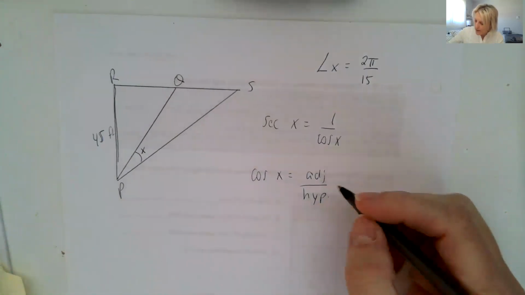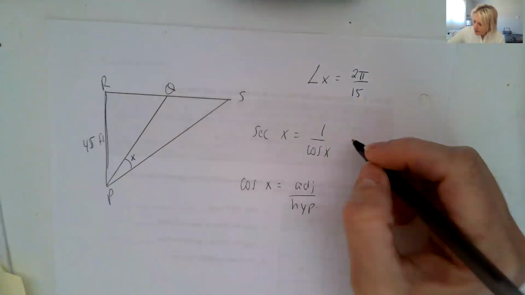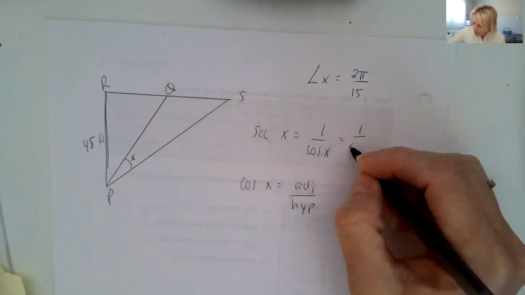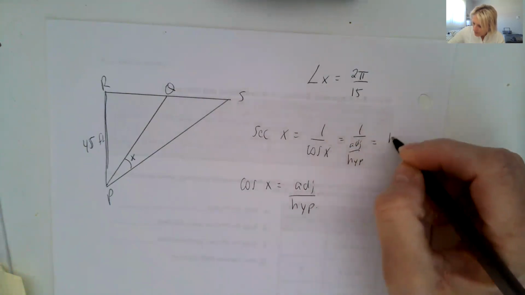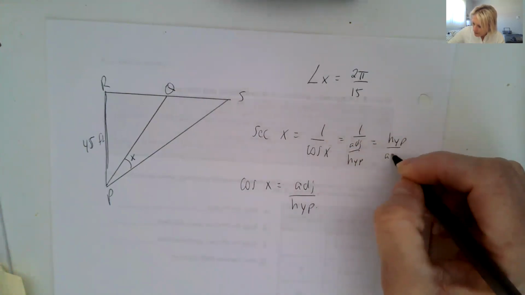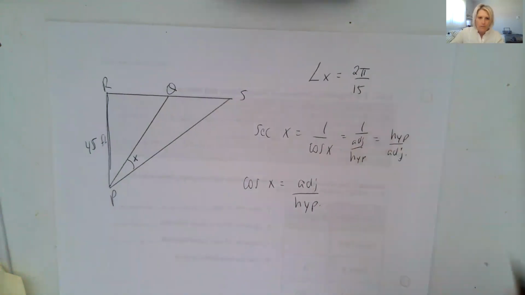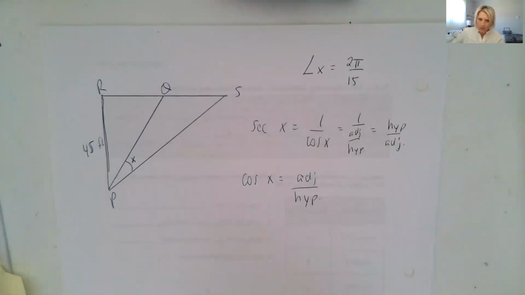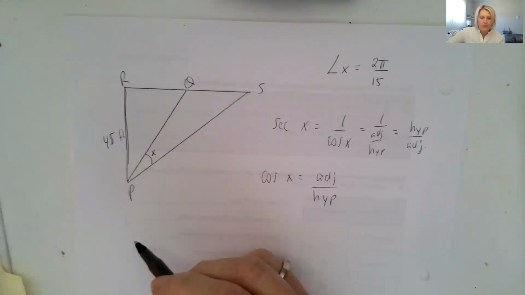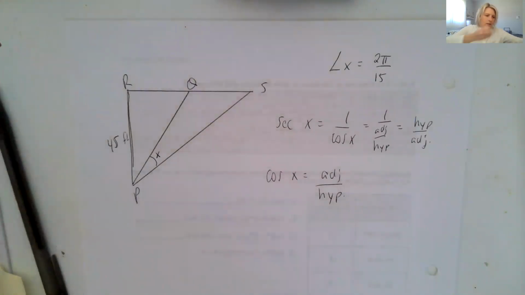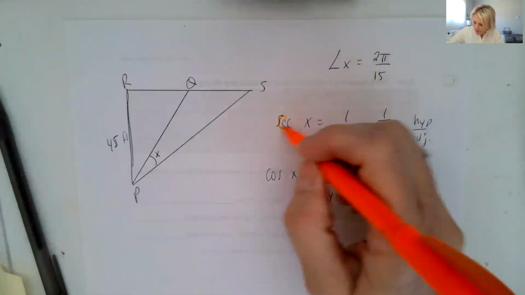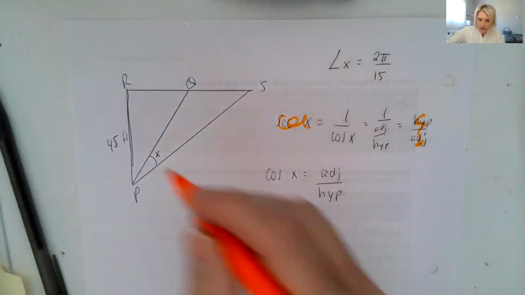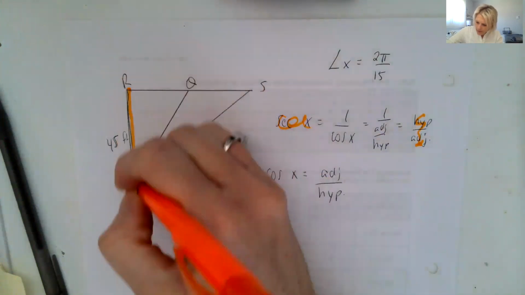And so that means that secant would be 1 over the adjacent over the hypotenuse, which is the same as the hypotenuse over the adjacent. So we want to remember that. So if we look at the big triangle for this secant thing, then we're looking here.